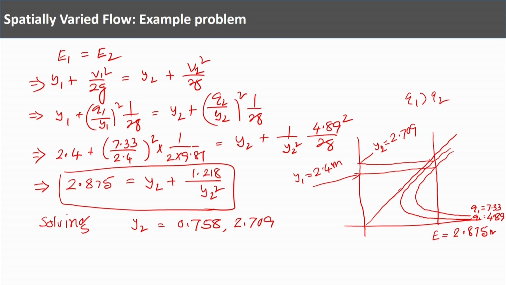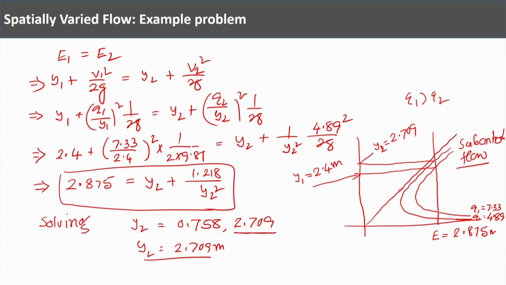So, the depth is increasing, and this is in subcritical flow. In subcritical flow, the depth of flow is increasing from 2.4 to 2.709, but if it had been supercritical flow, the depth of flow would decrease.